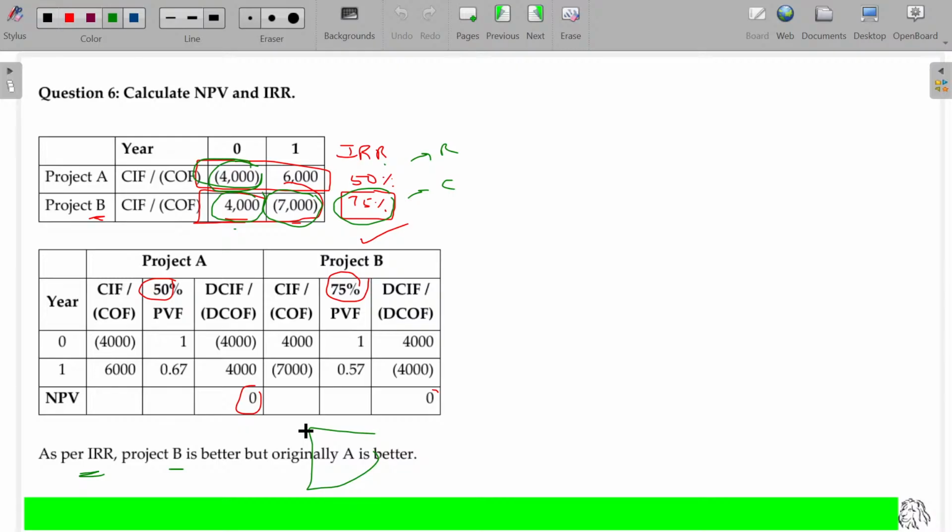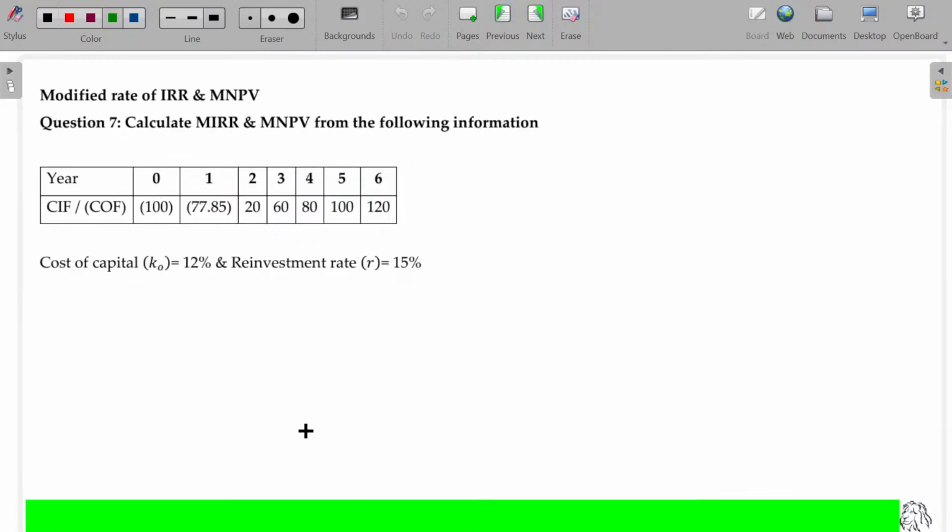Now, in order to avoid that trouble, what do we have? We have modified IRR. Let me finish up modified IRR first, then I'll brief modified NPV later. This modified IRR is applicable when there is a conflict in IRR, and the IRR drawbacks are removed under modified IRR.